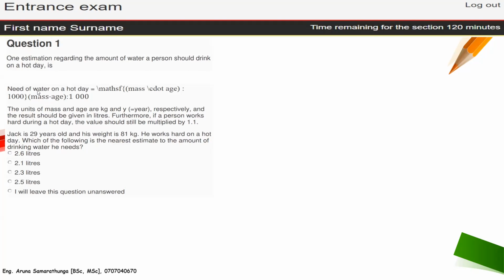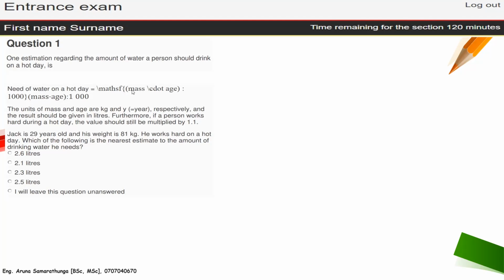Okay, need of hot water equal to, this is the way of describing equations. Don't worry about these notations. If you come across this kind of notation, with the backslash and max and if, this is mathematical notation. So don't worry about those things. They open a curly bracket like that, and they close a curly bracket like that.